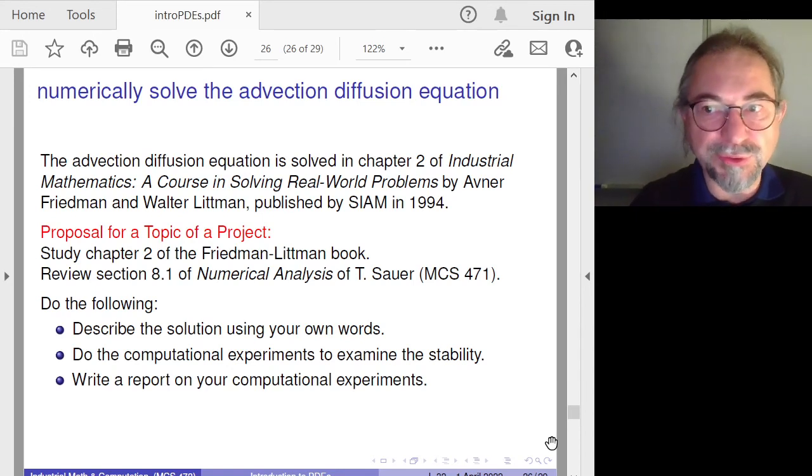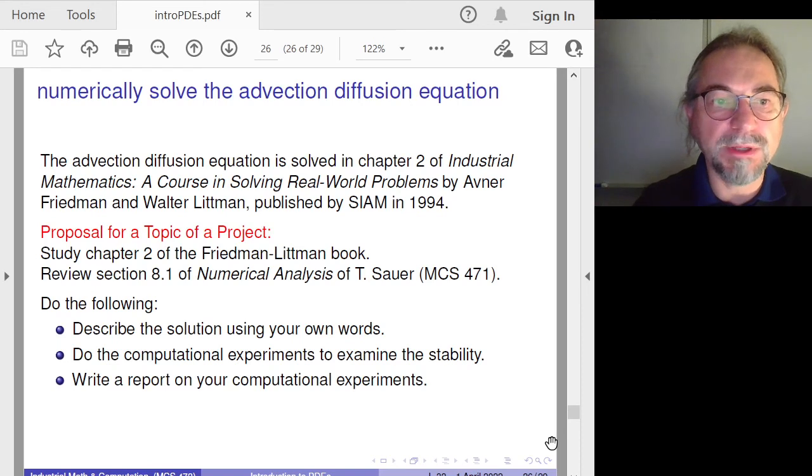But on the other hand, we remember our heat equation, the Crank-Nicolson method, and the finite differences that we applied in MCS 471. In particular, for this project, use the Crank-Nicolson scheme, where the stability was important.